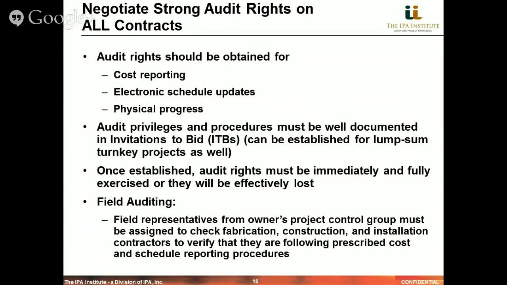We need to implement that audit privilege from the very beginning, as well as field auditing, in terms of having field representatives from the owner's project control group in the field checking fabrication, construction progress, and installation, all following the clearly documented cost and schedule reporting procedures.